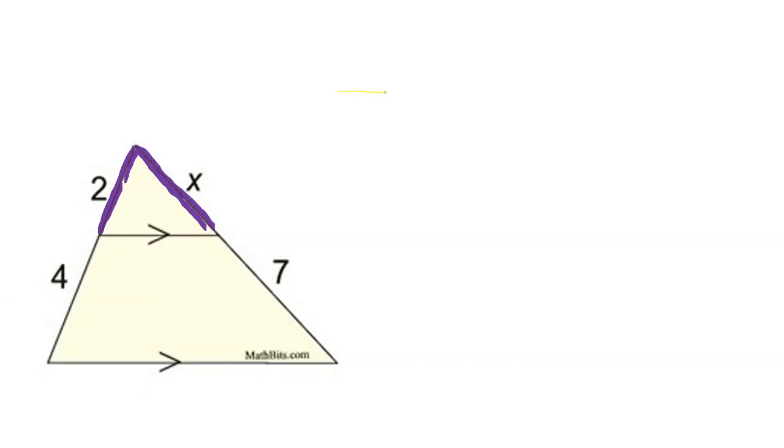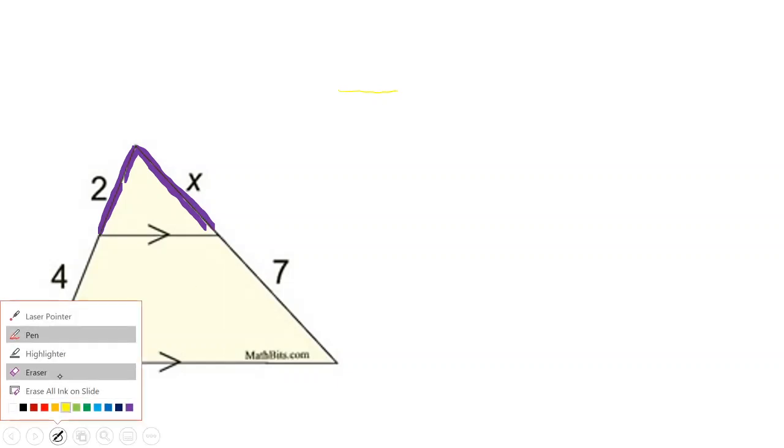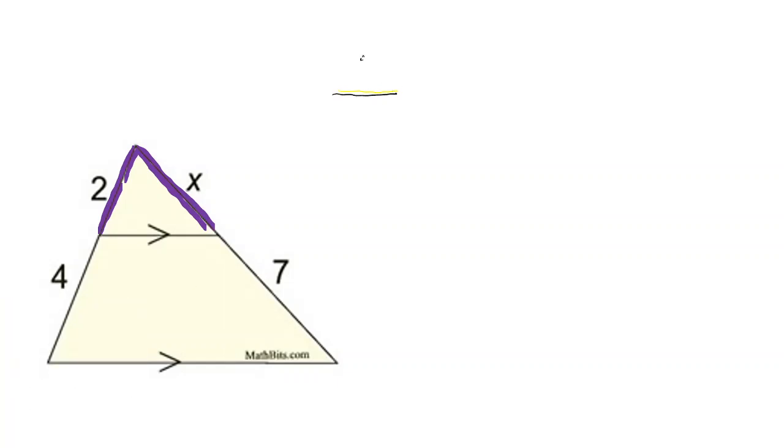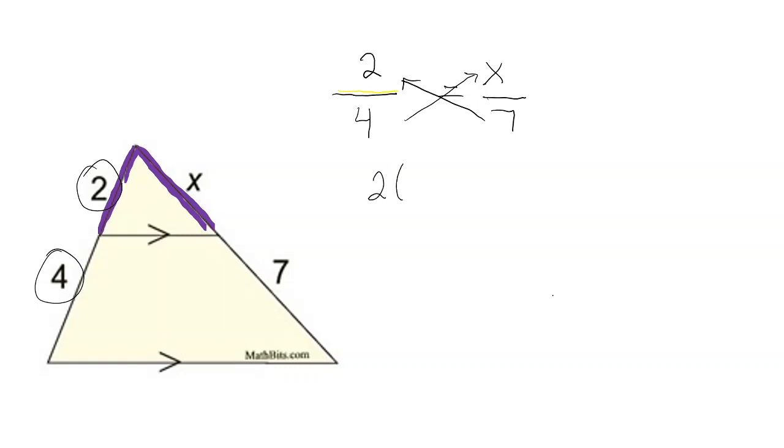So we could say, I don't want yellow, that doesn't show up very well. 2 and x, and just as long as this is on the top, this one has to be underneath it. 4 and 7. Okay? So we can cross multiply again, just like before. So we have 2 times 7 equals 4 times x. So we'll get 14 in this case equals 4x.